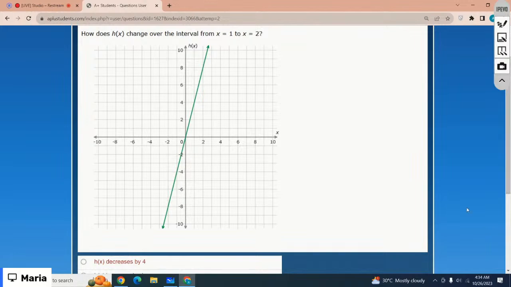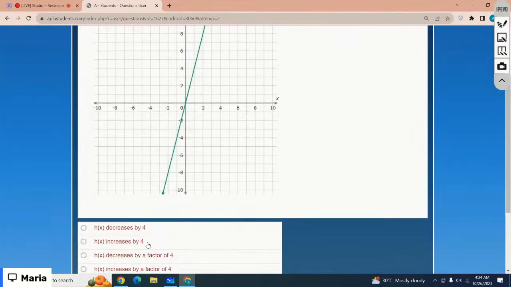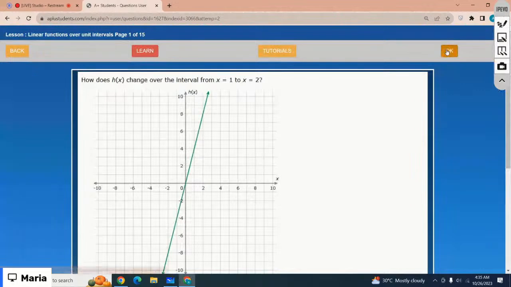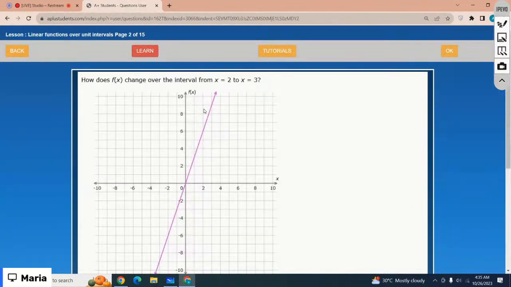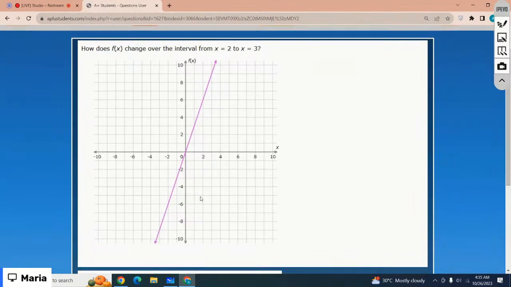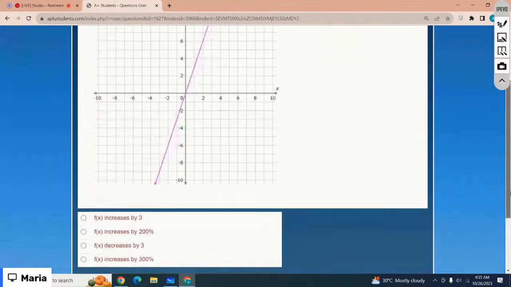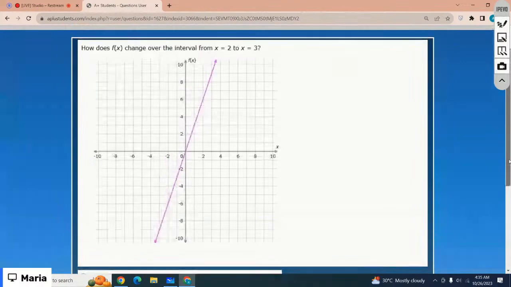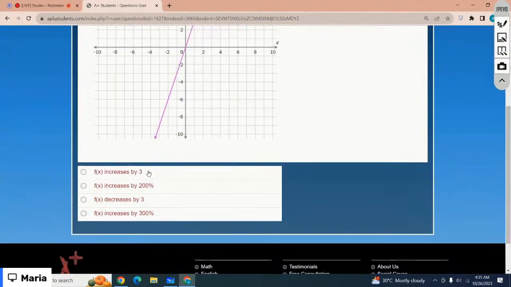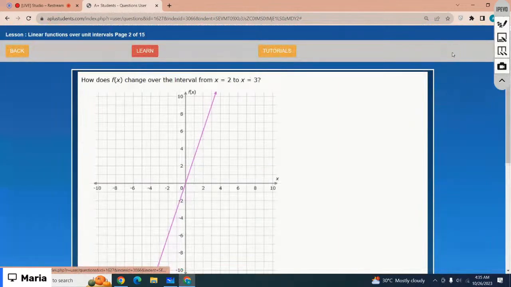The function is increasing, x equals 1 is 4. The function increases by 4. The correct option is h of x increases by 4. Okay, how does f of x change over the interval from x equals 2 to x equals 3? So which is the correct option? The function increases by, yes, f of x increases by 3 is the correct option.